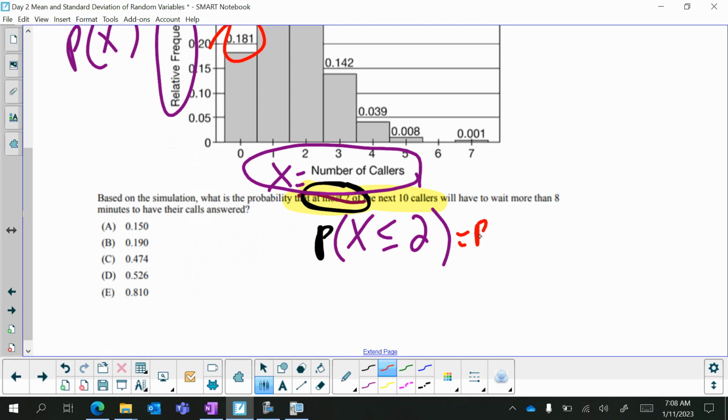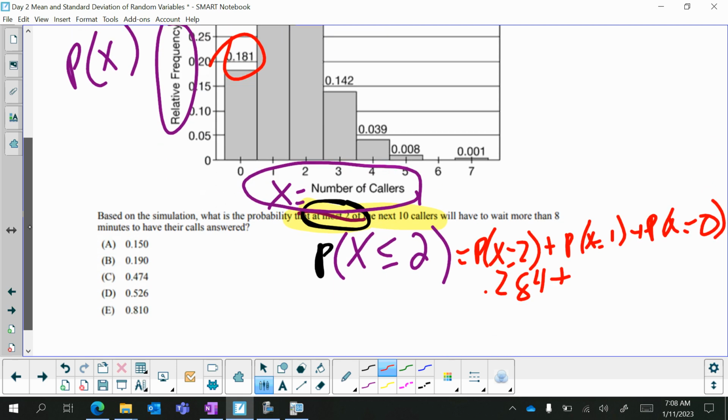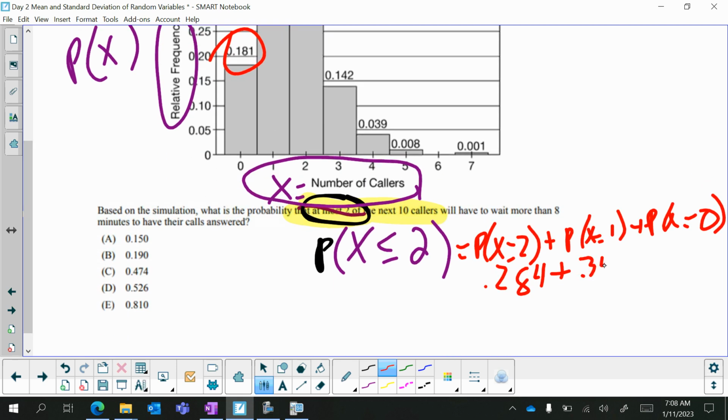You're going to write P of x equals 2, or P of x equals 1, or P of x equals 0. Okay, and then you're going to add them up. 0.284 plus 0.345 plus 0.181. Okay, and if you add those up, you're going to get choice E, 0.810.